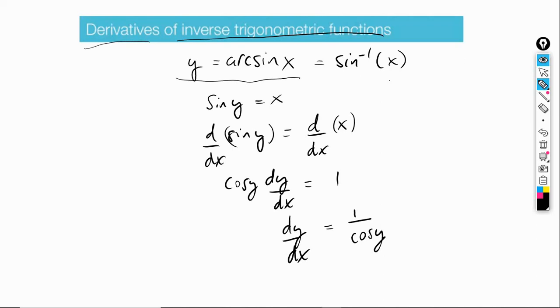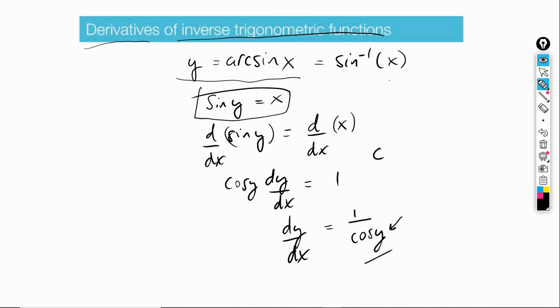But the thing with this is that it's in terms of y, so we have to change it somehow into terms of x. Now notice that sine of y is equal to x, so I would rather change this to an expression that has sine instead of cosine. Now remember that we have the trigonometric identity known as the Pythagorean, right?